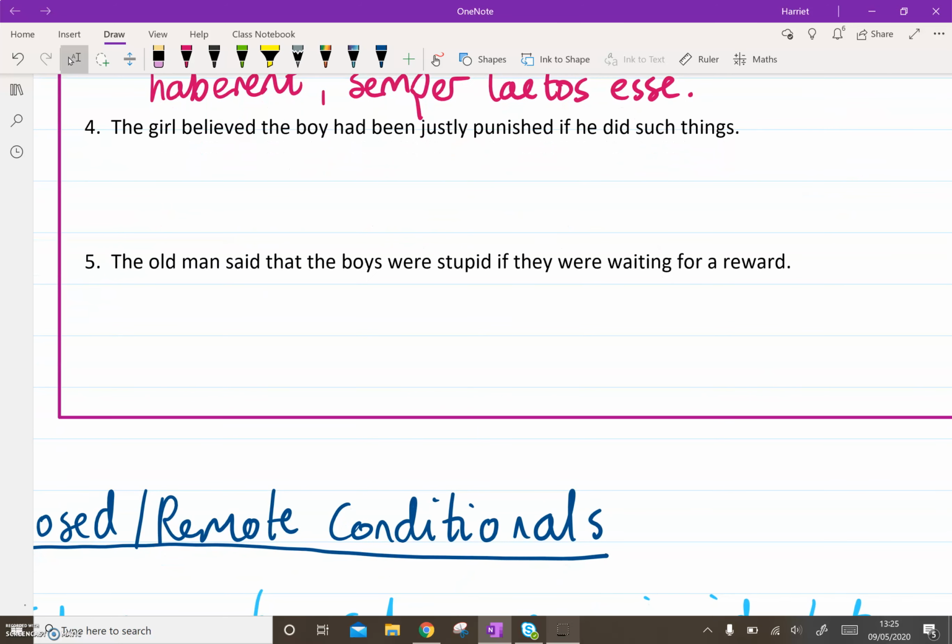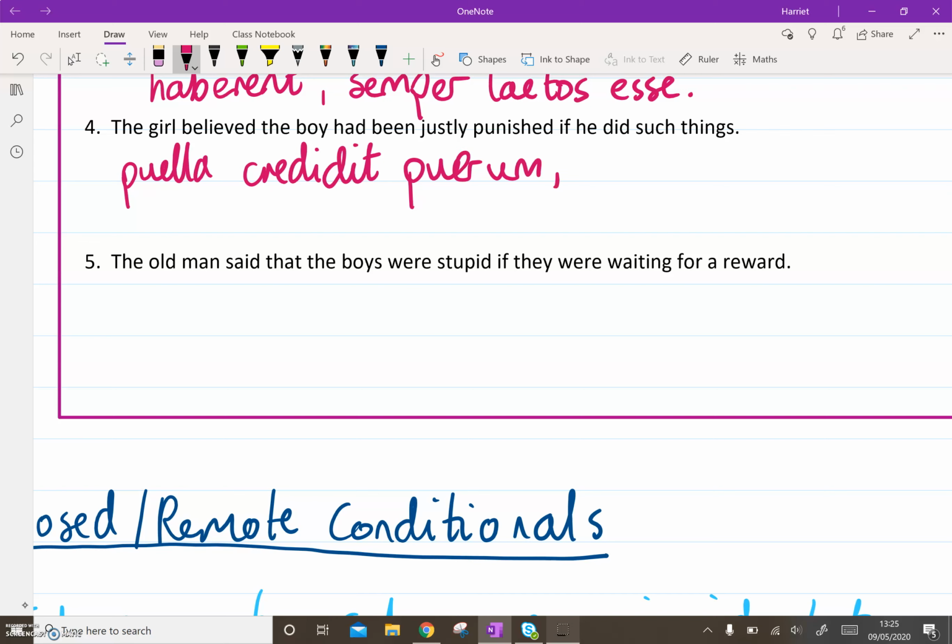Number 4, the girl believed the boy had been justly punished if he did such things. So puella credidit puerum. So that's your accusative as part of your accusative infinitive. So the boy, if he did such things, so he's going to be punished once he's done those things. So that has to be a completed action.